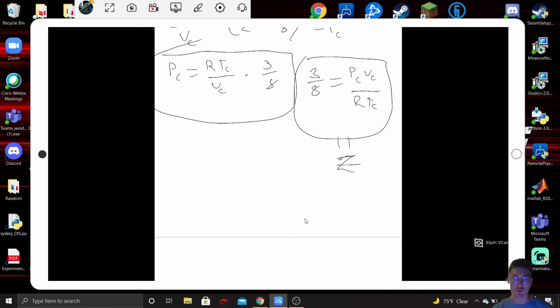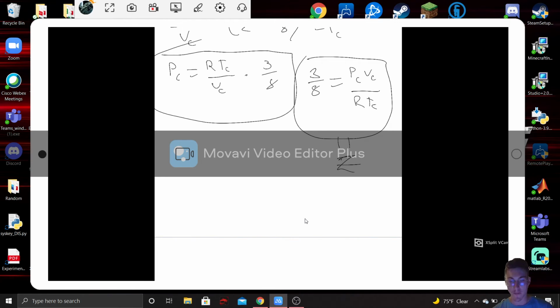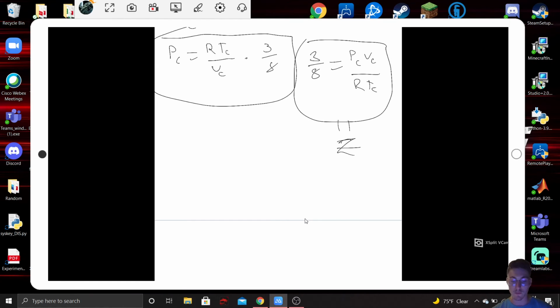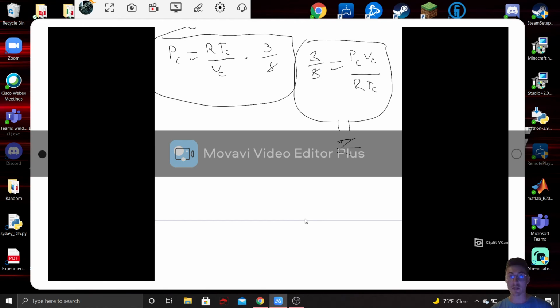So the way to get our A and B values back into the equation and find whatever we need out of a certain gas. So if we want to try to find the critical volume, and we are given the critical temperature and critical pressure, which most of the time we know because critical volume is a lot harder to find than the critical temperature and pressure, we can go ahead and rewrite this and solve for it again.